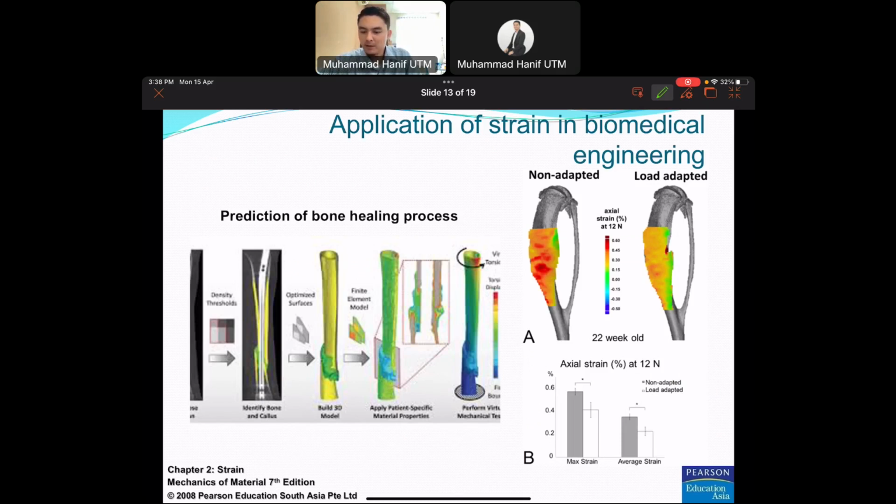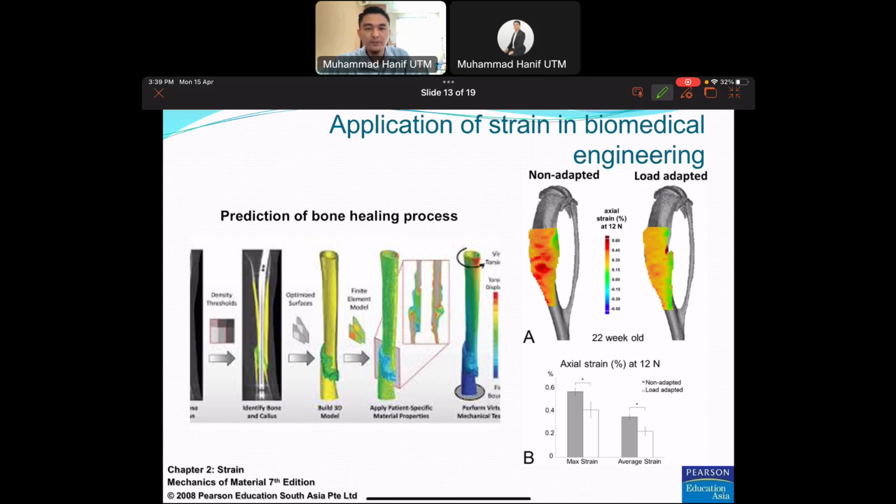Okay, so maybe you are not aware why we need to study this strain in solid mechanics. So this is the application. If you become an engineer later on, you will maybe calculate the strain of the bone to see the healing process.